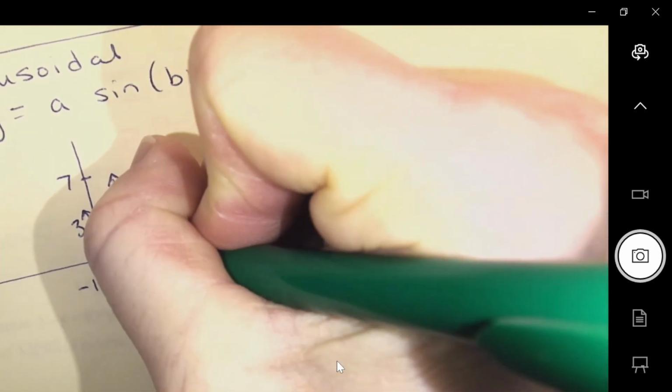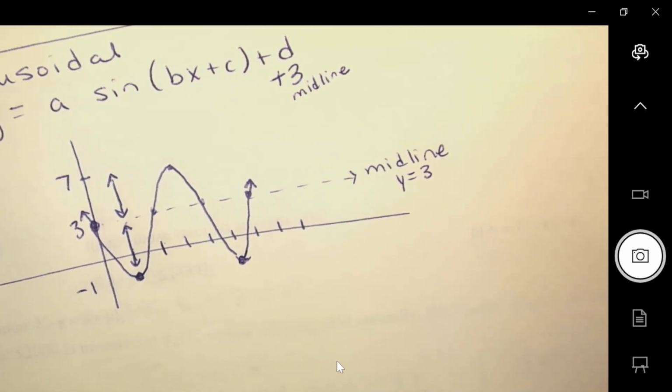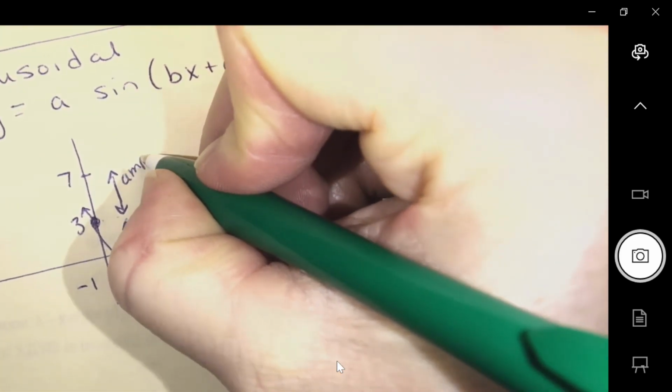Then we talked about the spacing from the middle to the up or the middle to the high, which is called the amplitude.